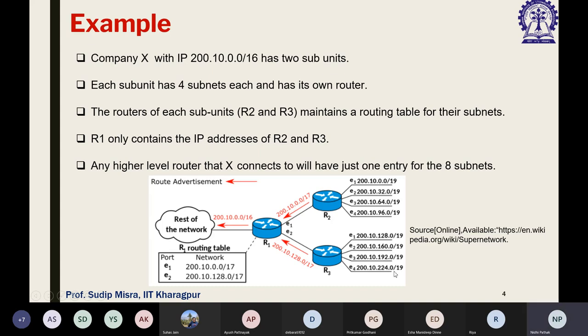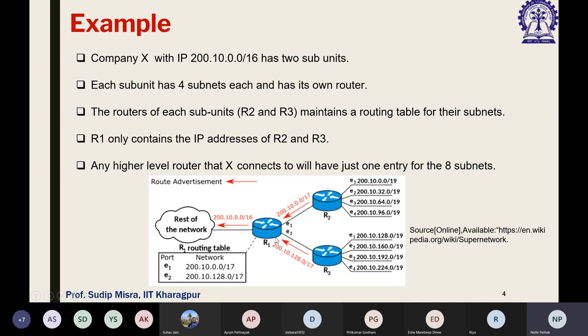Each of these units connects to a router, R2 and R3, and these routers connect 4 subnets each, with their corresponding subnet IDs. Now let us say that there is another router R1 that connects to R2 and R3.